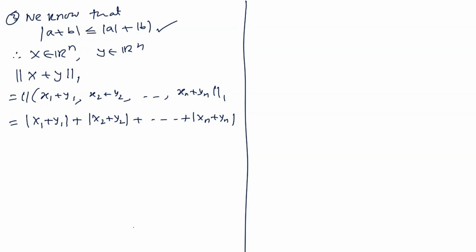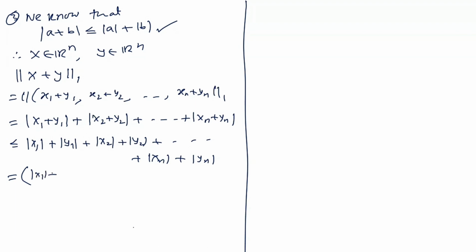Now using this inequality, this is less than or equal to |x1| plus |y1| plus |x2| plus |y2| plus |xn| plus |yn|, which is equal to |x1| plus |x2| plus |xn| plus |y1| plus |y2| plus |yn|.